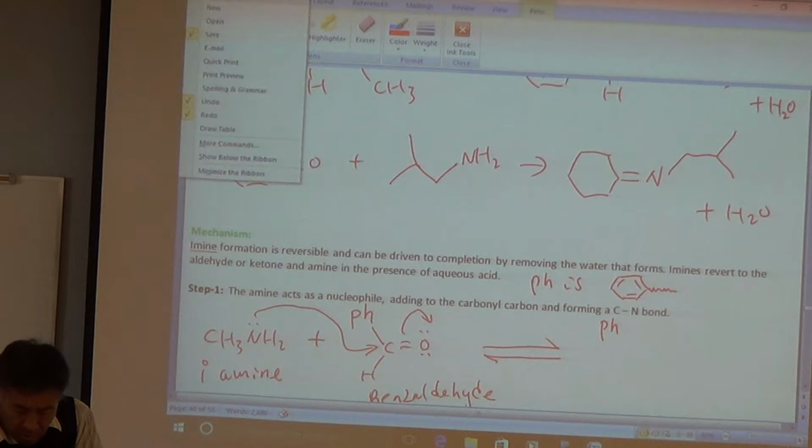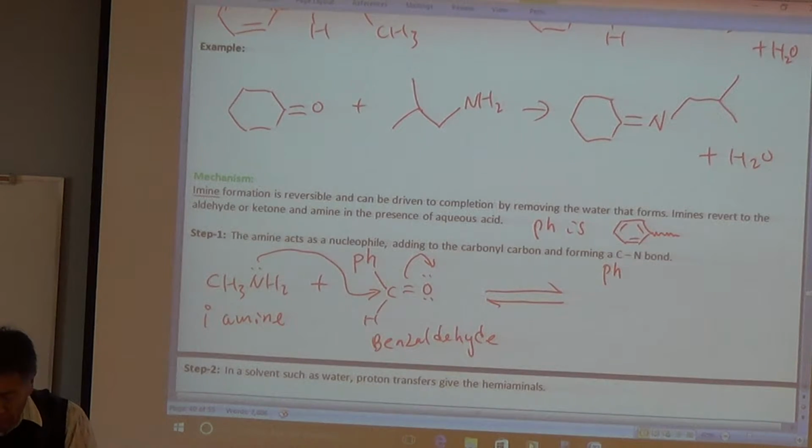Some people use C6H5, but you can also use simply Ph. That has a positive charge.